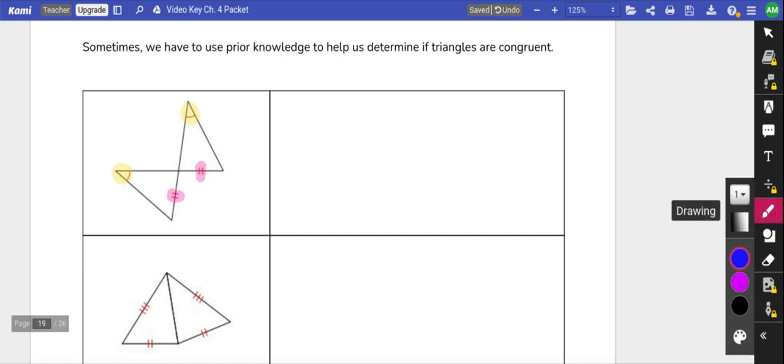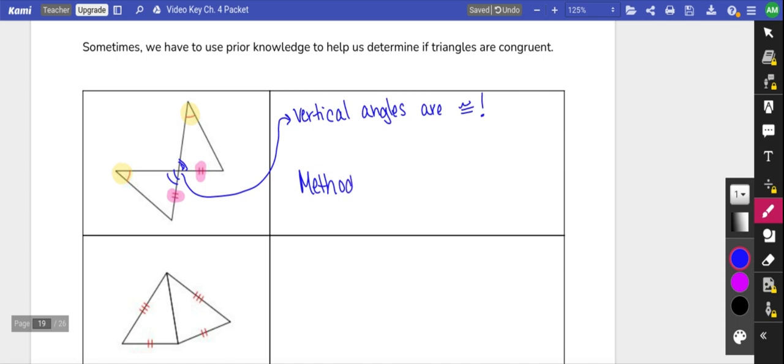Except if you remember back, these angles here are actually congruent because vertical angles are congruent. So because vertical angles are congruent, we can now determine that these triangles are congruent.